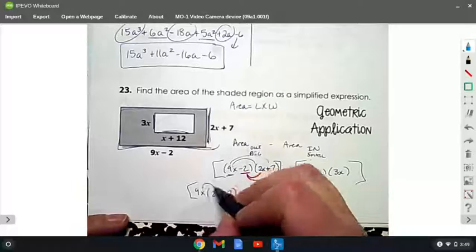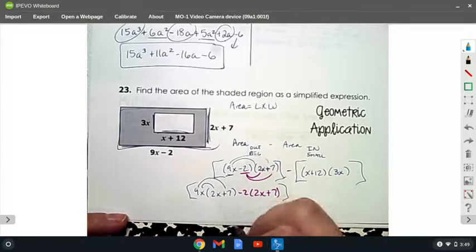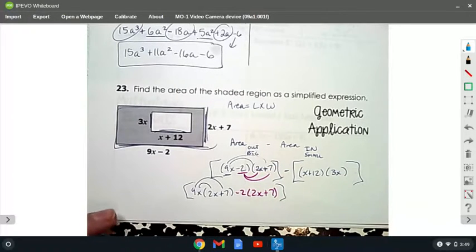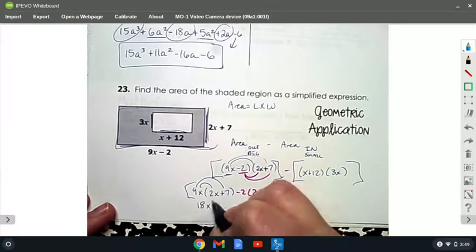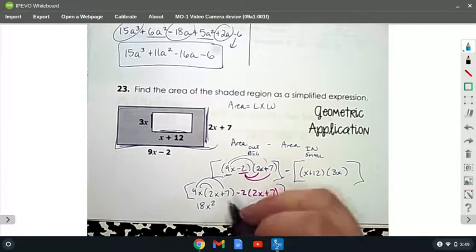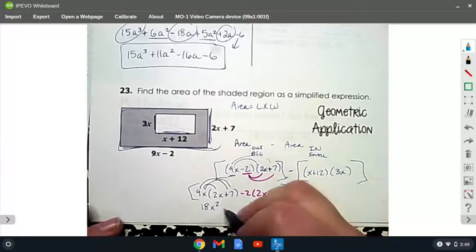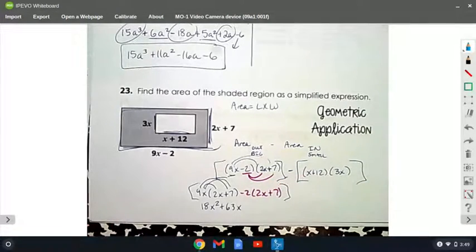Continuing that work, I'm going to distribute. 9 times 2 is going to give me 18x squared. And then 9x times 7 is going to give me 63x.